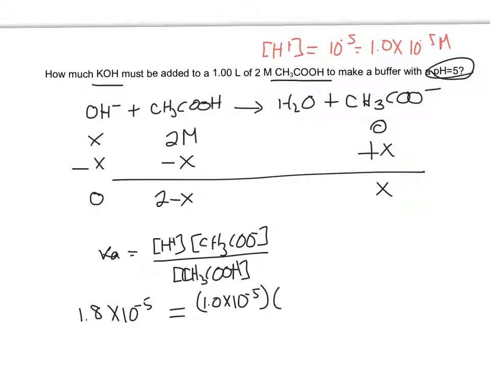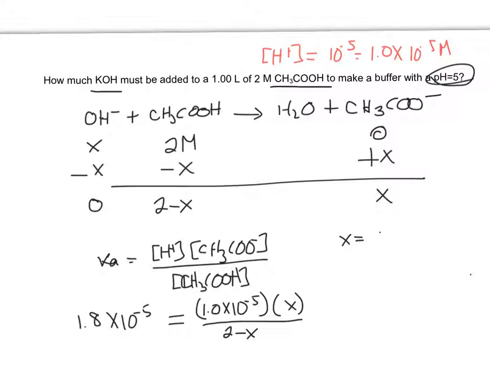And then my acetate needs to be X. My acetic acid needs to be 2 minus X. Look at that. You can solve for X. This is just basic algebra. You don't need a quadratic for this or the intersection or anything like that. This is just basic algebra. If you solve for X, that ends up being 1.29 molar.